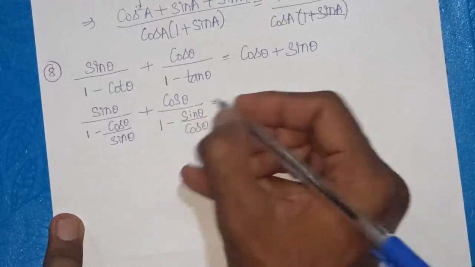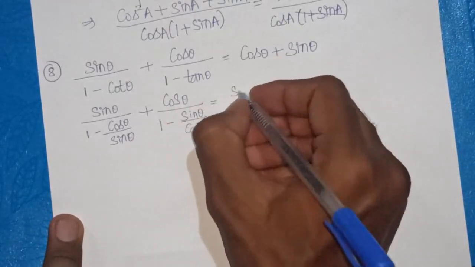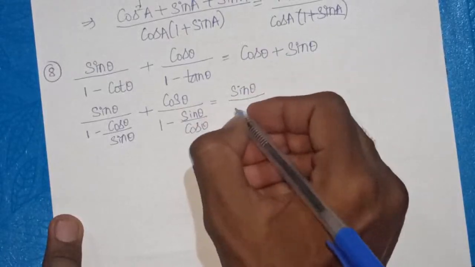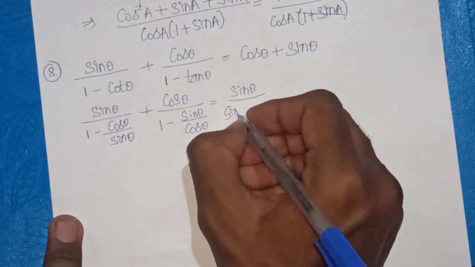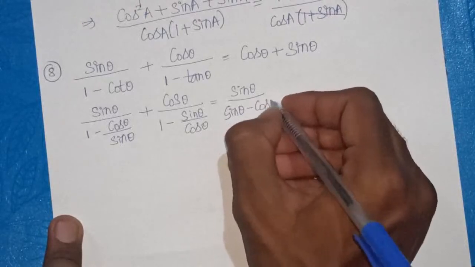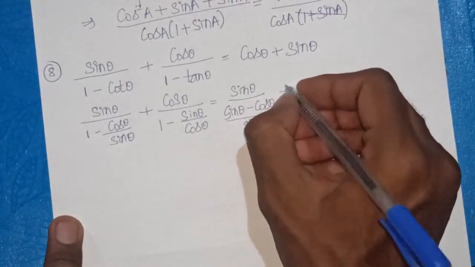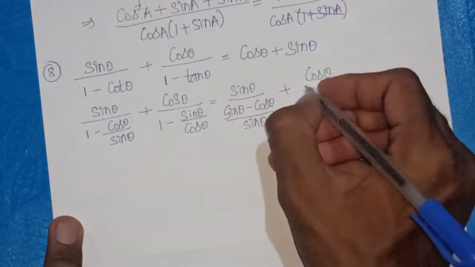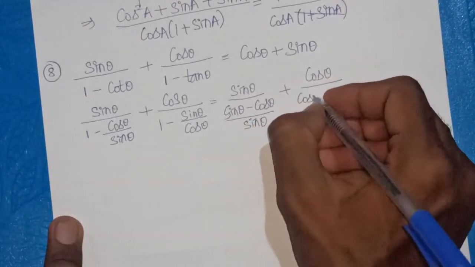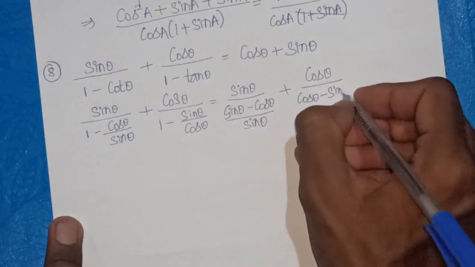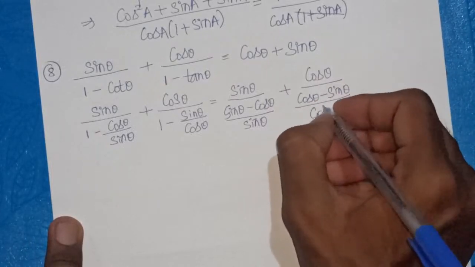By taking LCM in the denominators, we are getting sin theta by sin theta minus cos theta by sin theta plus cos theta by cos theta minus sin theta by cos theta.